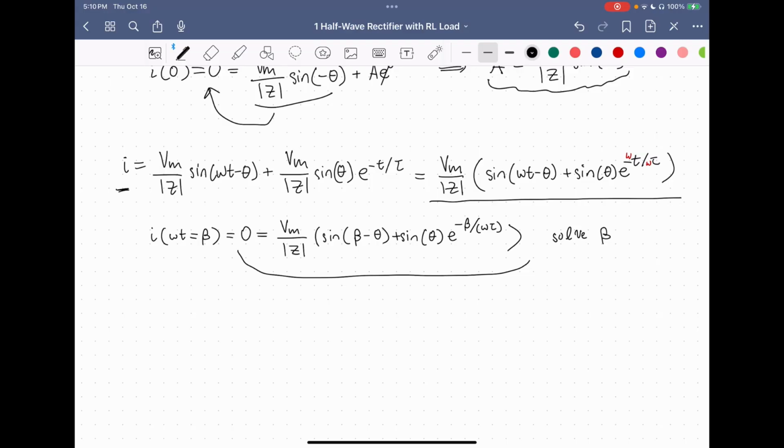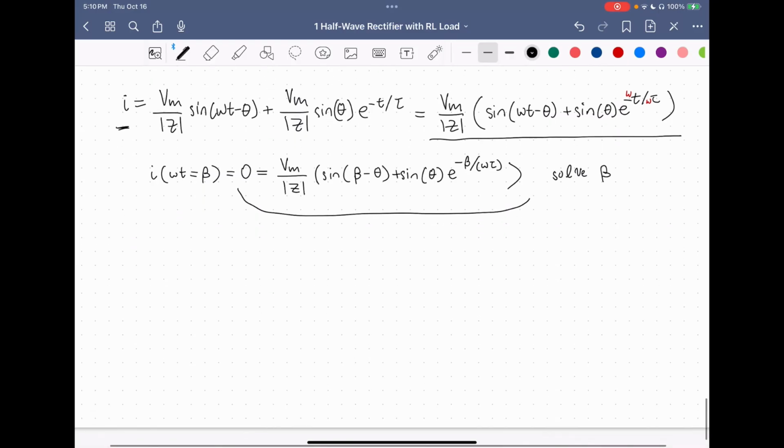So this is the expression we can use to solve for beta. Now, there's no closed form solution for beta here, so you need to use some type of calculator program with numerical methods to solve for the value of beta. You can also use a circuit simulator like LTspice to find beta in your waveform. With this value of beta, we can write out the complete expression for the current.